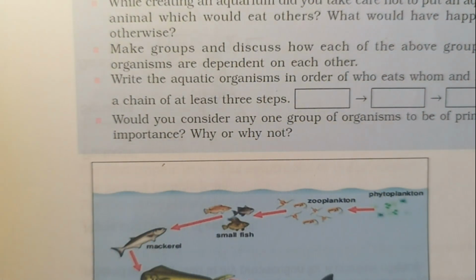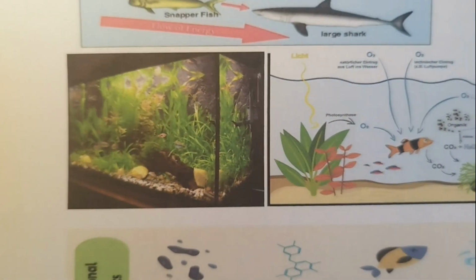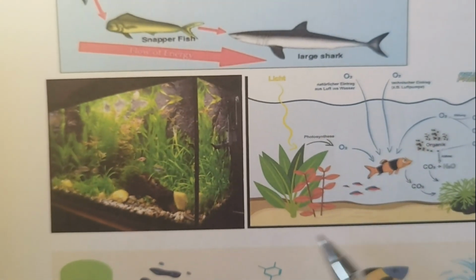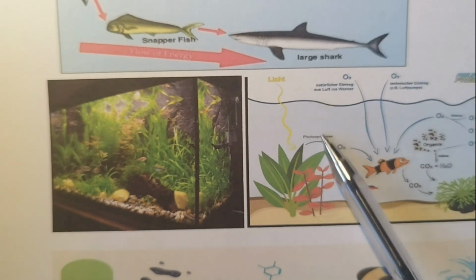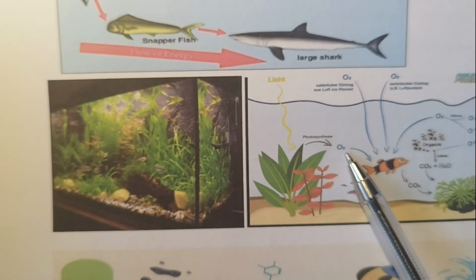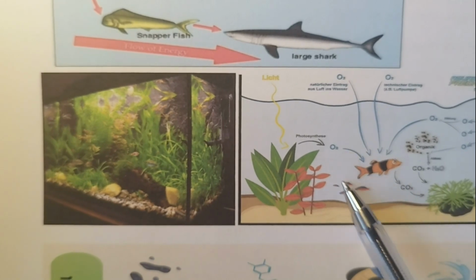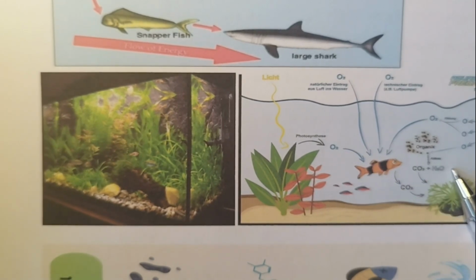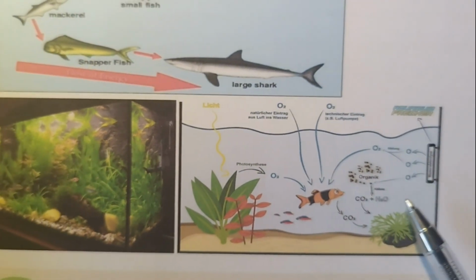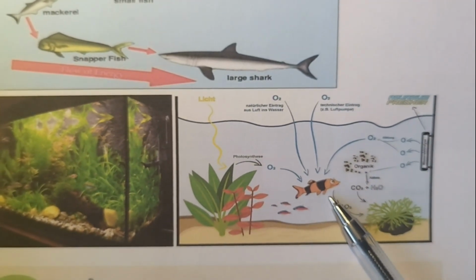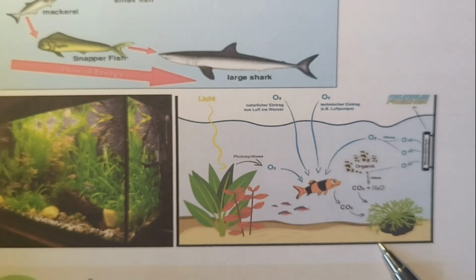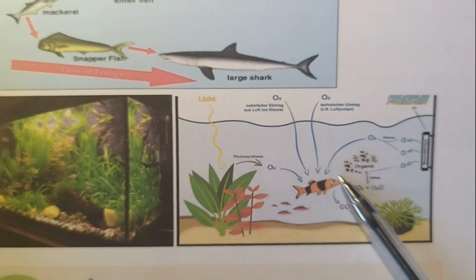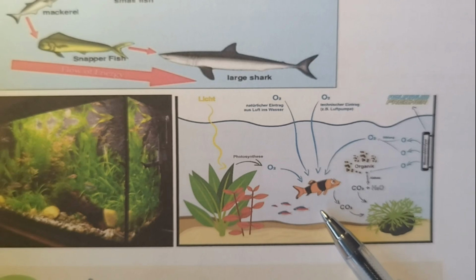If you are making an aquarium that is self-sustaining, you can have some plants that will perform photosynthesis, generate oxygen, and remove the carbon dioxide, remove nitrates and the ammonia that is generated from the activity of the fish. And that's how it can be self-sustaining in terms of food.